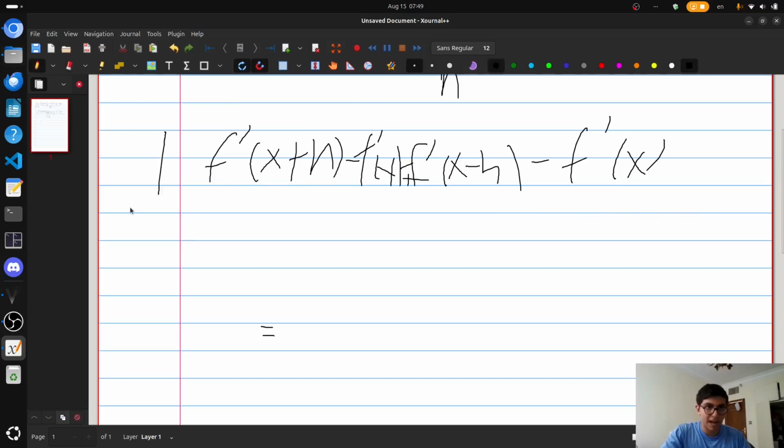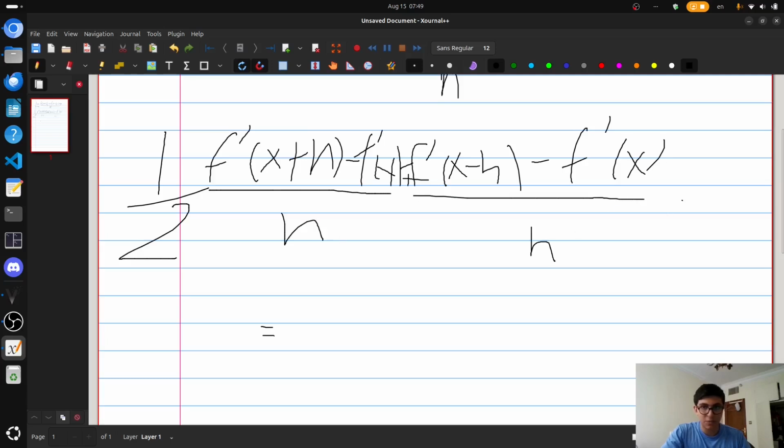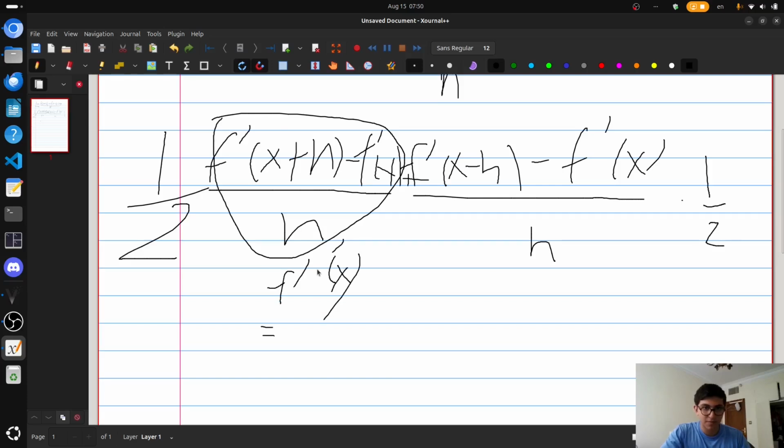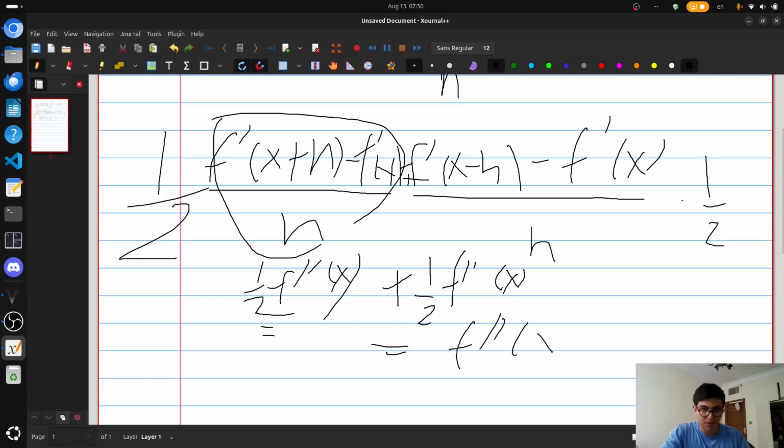This is 1/2 times this over h plus this over h times 1/2. This is the derivative of f prime of x, so f prime prime of x, so 1/2 f prime prime of x. And this is also the derivative of f prime prime of x. So adding these two halves together, you're going to get that it is equal to f prime prime of x, basically.